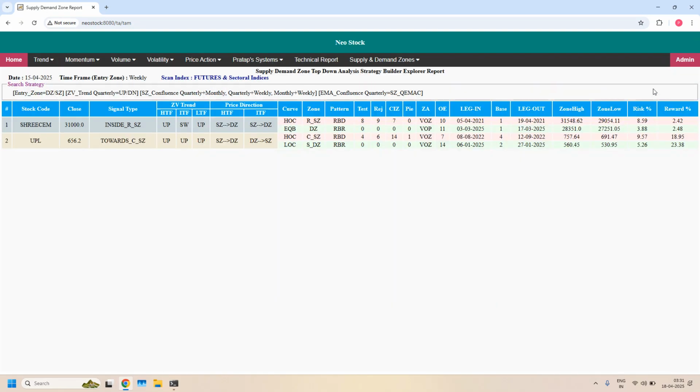With these filters, we got two stocks. So these two quarterly supply zones are having quarterly EMA confluence. At the same time, weekly and monthly supply zones are overlapped with quarterly supply zones. And these supply zones are weekly supply zones, which are overlapped with quarterly supply zone that is having quarterly EMA confluence.